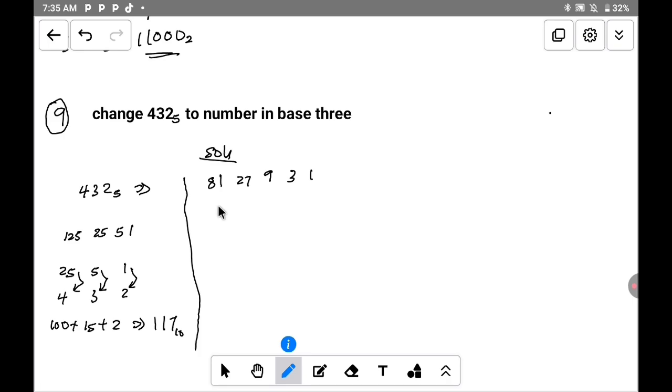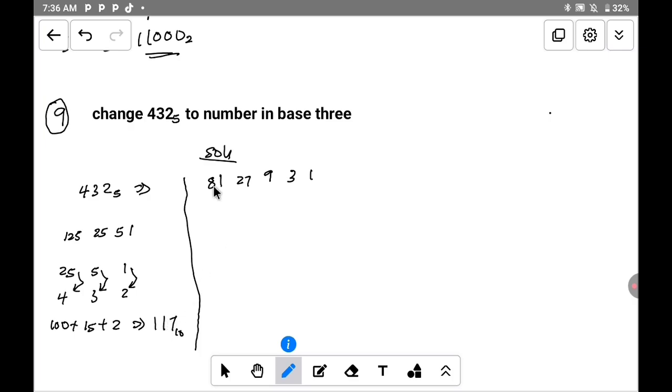Now look at which numbers you can add together to give 117.